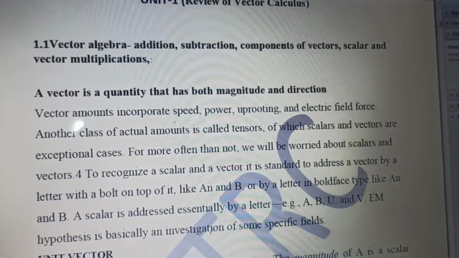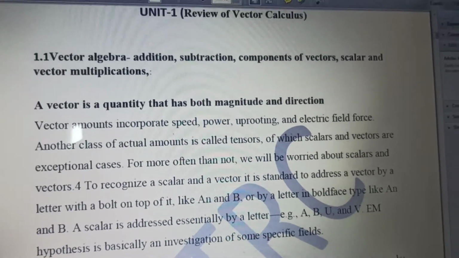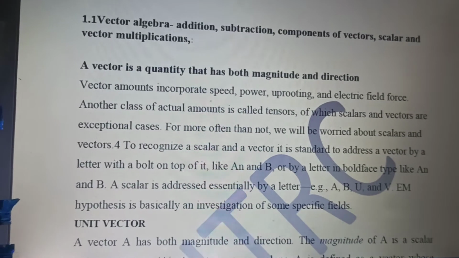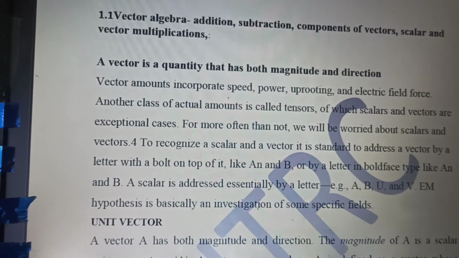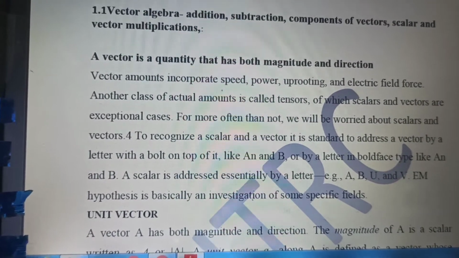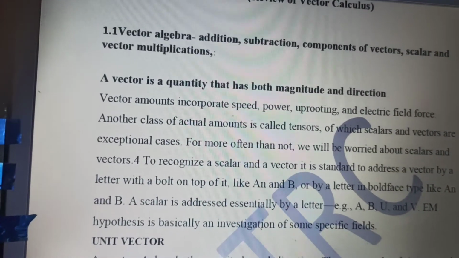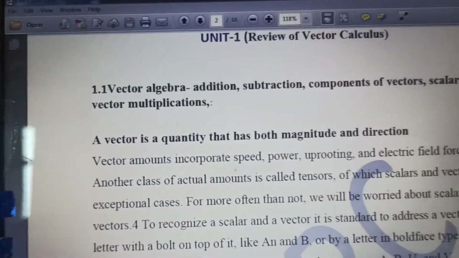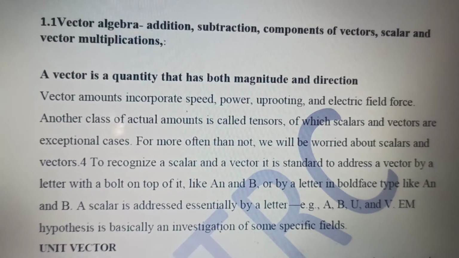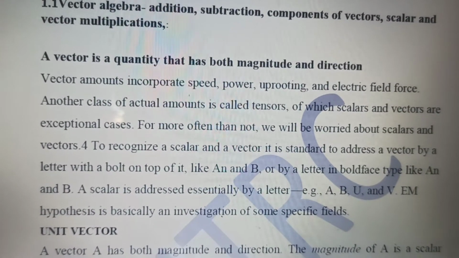A vector is a physical quantity which has both magnitude and direction. As the electric field itself is a vector, it will have a magnitude and also a direction.